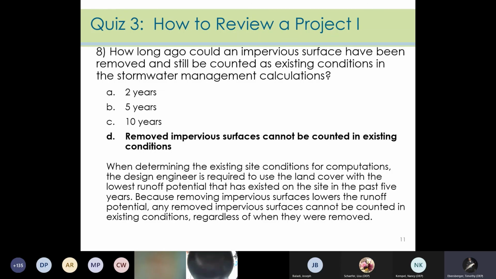Because removing impervious surfaces lowers the runoff potential, any removed impervious surfaces cannot be counted in existing conditions, regardless of when they were removed. And the percentage correct? 44. What was the most likely answer? 5 years. Actually, more people picked 5 years than removed impervious surfaces. Okay. Put that one on the list of things we need to clarify.